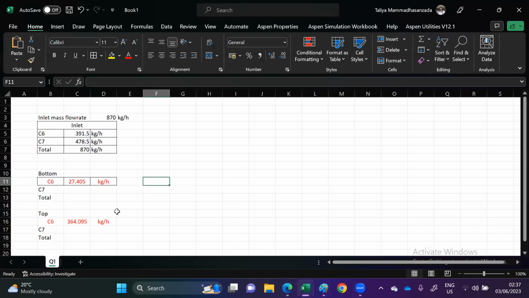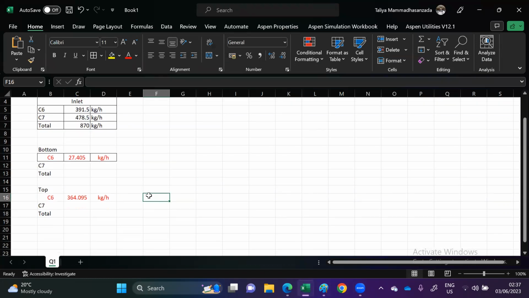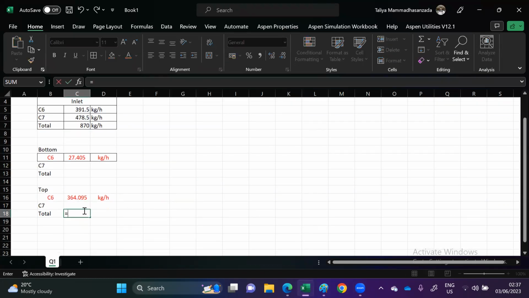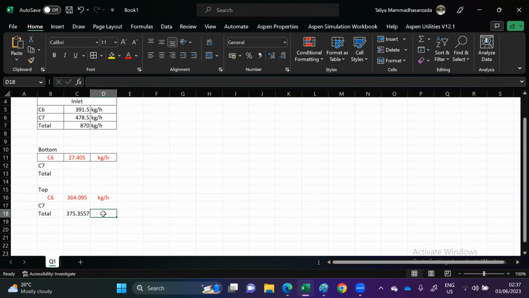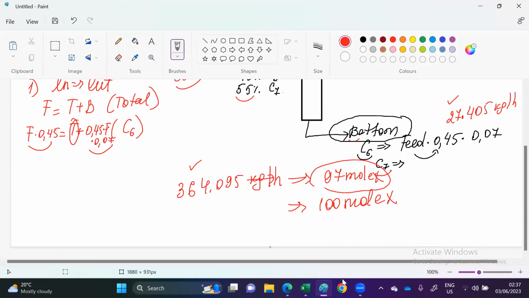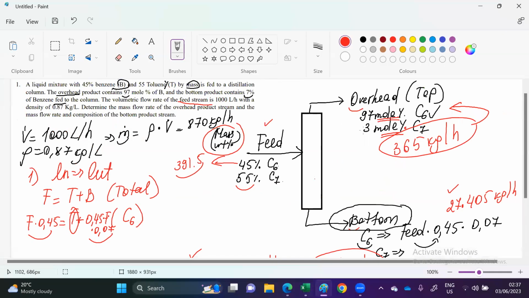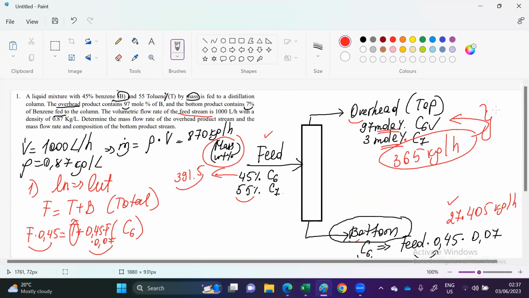Let's do it. In total, multiply by 100 over 97. Overall we have approximately 375.4 kilogram per hour. It will be our top product. It means the remaining one will be C7, right?